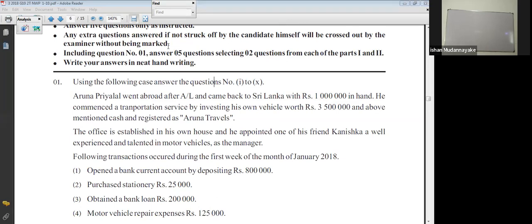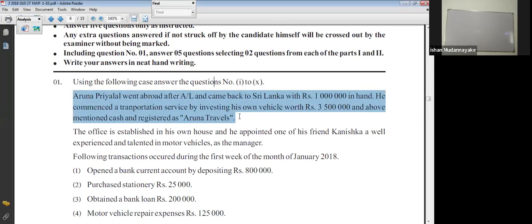Anusara, can you read the first paragraph? Aruna Priyalal went abroad after A-level and came back to Sri Lanka with 1 million in hand.